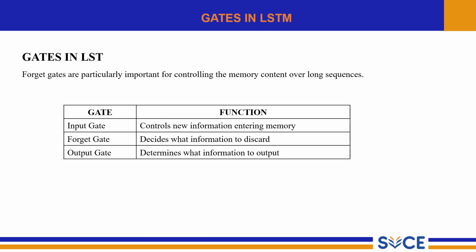And the third one is the output gate. This determines which parts of the stored memory are actually needed for the final output at that specific step. Altogether, these three gates allow the model to maintain and update its memory over very long sequences.